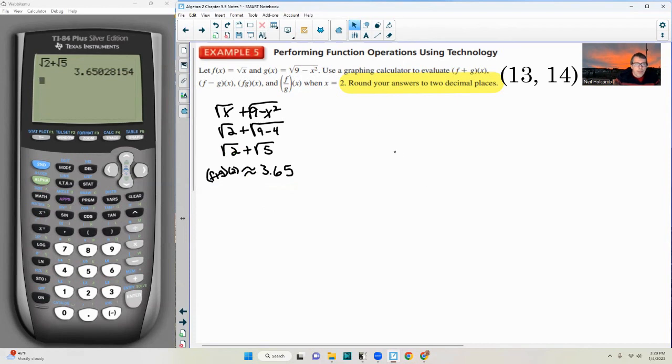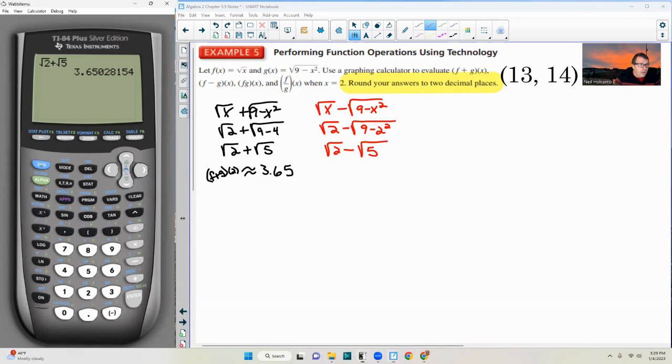Okay. All right, so now we're going to do the minus one. f minus g of x. So that's just f of x minus g of x. We want to find f minus g of 2. So it's going to be the square root of 2 minus the square root of 9 minus 2 squared. So 2 squared is 4. 9 minus 4 is 5. We're just going to get the same values here, just a minus sign in between.